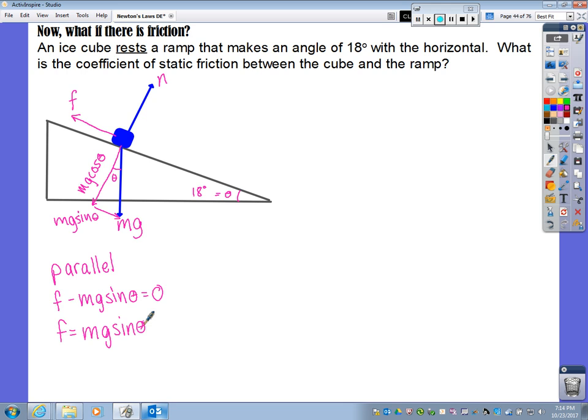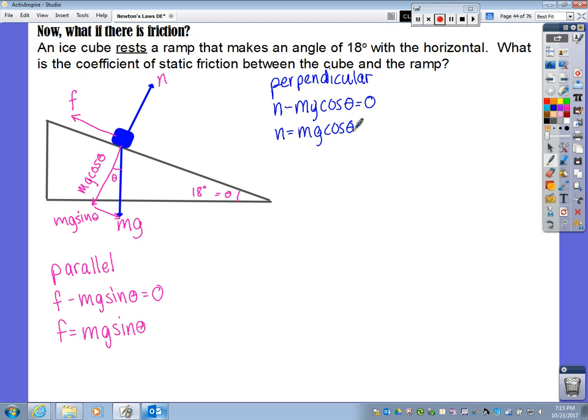Now let's look perpendicular to the ramp. We've got normal force minus mg cosine theta equals the acceleration perpendicular, which is 0. So the normal force equals mg cosine theta.